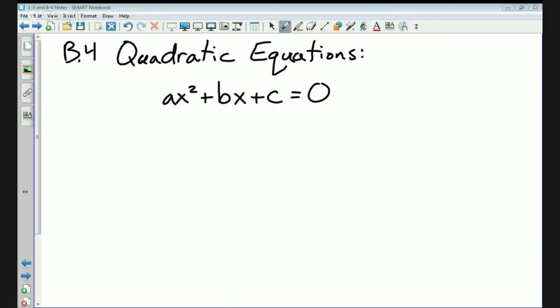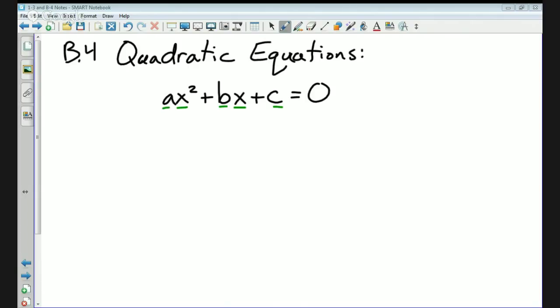The reason they call it a quadratic equation, remember that quad is a prefix that means 4. Well, they call it that because you have x's, that's 1. You have a, b, and c, 3 more, and 1 plus 3 is 4. So there's 4 items that go into the variables to create a quadratic equation. That's why they call it a quadratic equation and not squared equation, something weird like that.